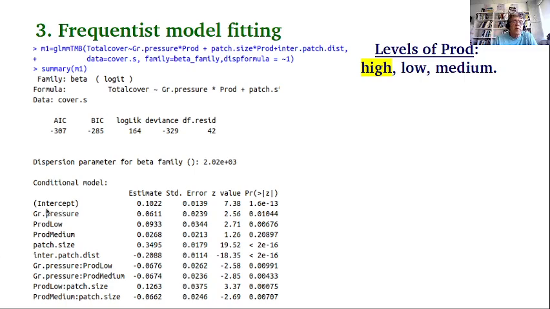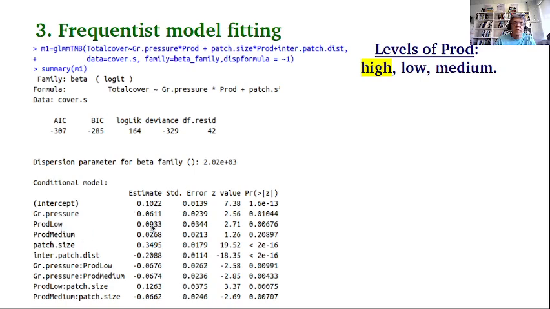So the intercept corresponds to the logit of the mean of the response variable when the numerical explanatory variables are 0 for the high level of productivity. So prod low and prod medium correspond to the differentials of intercepts between the logit of the mean of the response variable for high and the logit of the mean of the response variable for low and medium.